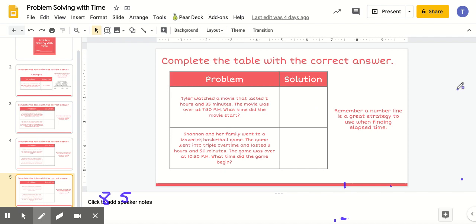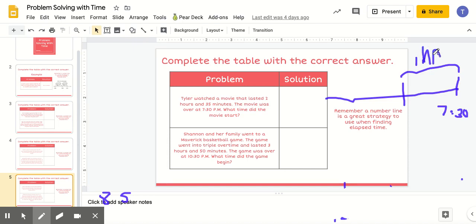Okay, so this one, you ended at 7:30. And we're trying to figure out what time it started. So if I go backwards an hour, so go backwards to find start time, and this whole thing is 1 hour. Okay, so 7:30, 1 hour before that would be 6:30.